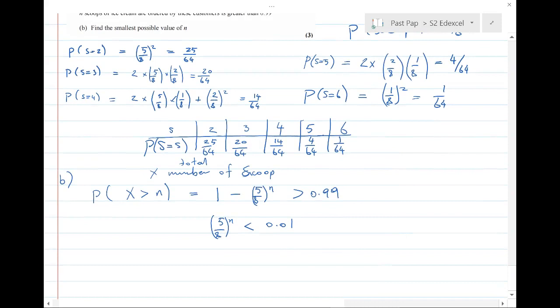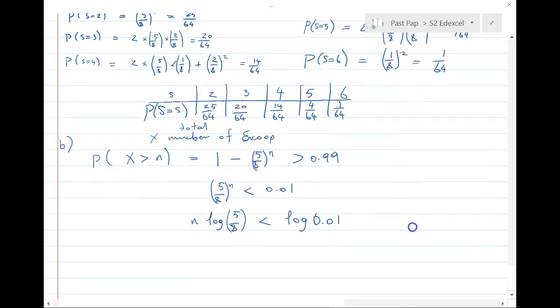Okay, now we can use trial and error if you really want. I am in the habit of using logs. So if we take logs, n times log 5/8 is going to be less than the log of 0.01. But we then have to divide through, and because log 5/8 is negative, it reverses the inequality.